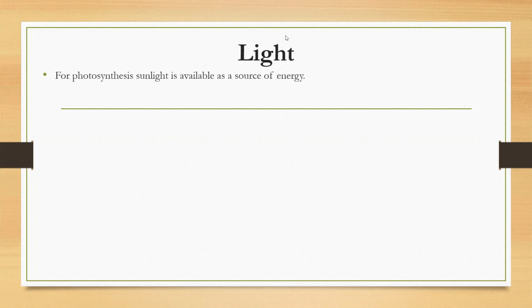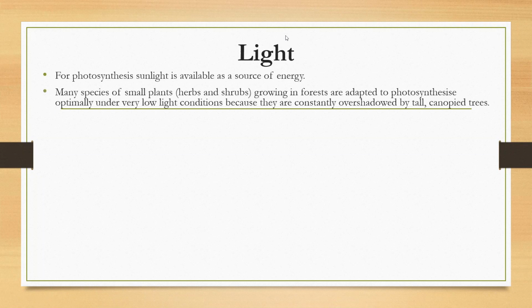For photosynthesis it is the source of energy, and many species of small plants, herbs and shrubs growing in forests are adapted to photosynthesize optimally under very low light conditions because they are constantly overshadowed by tall canopied trees.